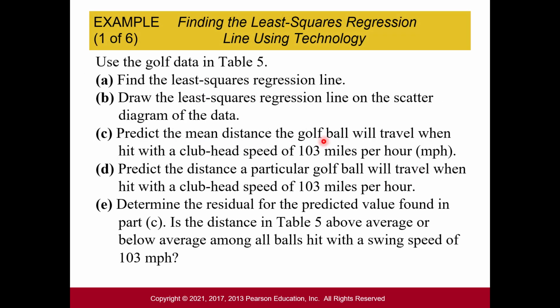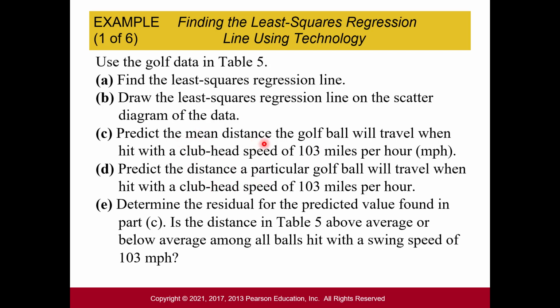Okay, so take a look here. We're going to find from our golf club data the least squares regression line. We're going to draw the least squares regression line on the scatter diagram. We're going to predict the mean distance the golf ball will travel when we hit the club at a speed of 103 miles per hour. Then we're going to predict the distance. So notice the difference here.